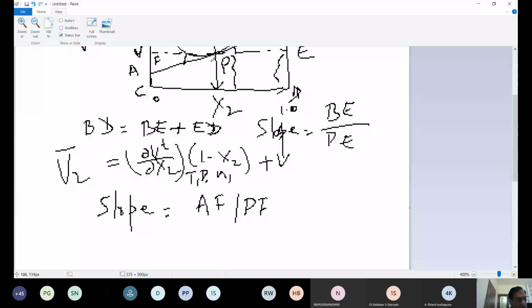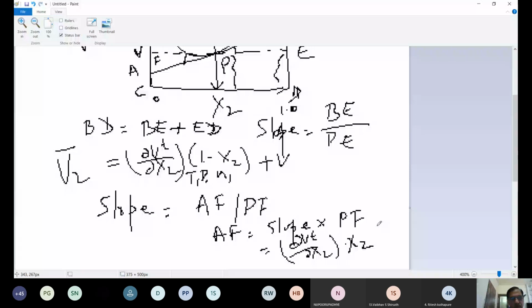So AF is equal to slope into PF. Slope is double VT upon double x2 into PF. PF is nothing but this into this, that means x2. So AF is nothing but double VT by double x2 into x2.